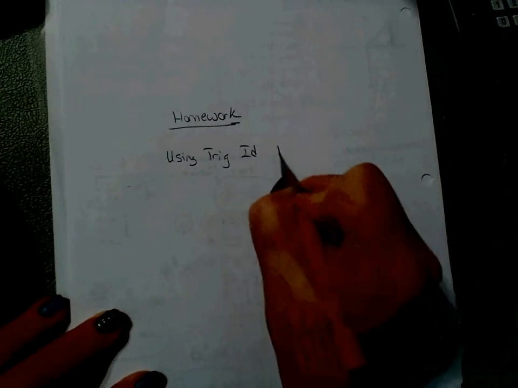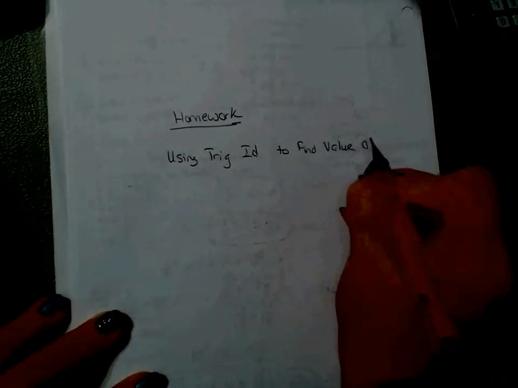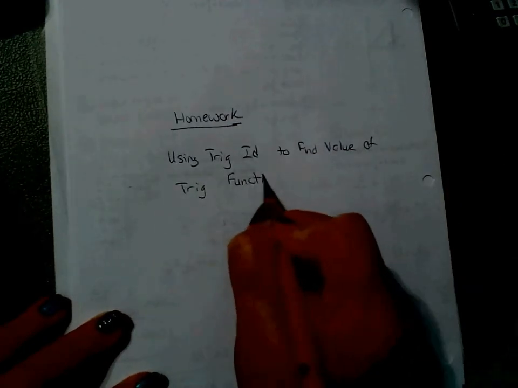It's called, let me read it exactly to you as it appears on LMS. It is called Using Trig Identities to Find the Value of Trig Functions. That's what we're doing. Okay.